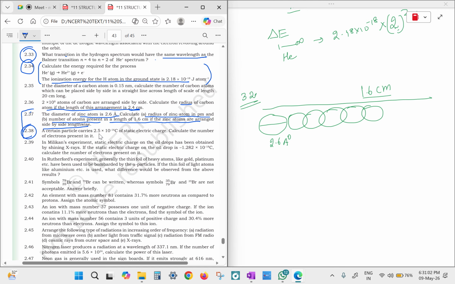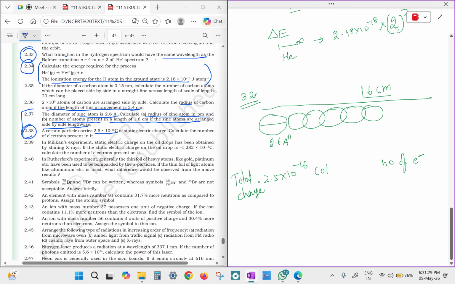38th. A certain particle carries 2.5 into 10 to the power minus 16 coulombs of static electric charge. Calculate the number of electrons present in it. What do you have to do? This is the total charge.